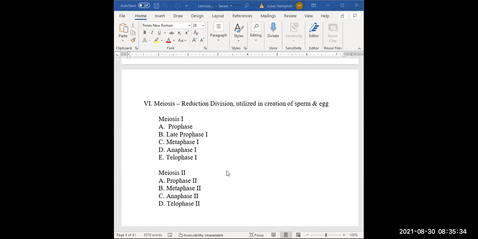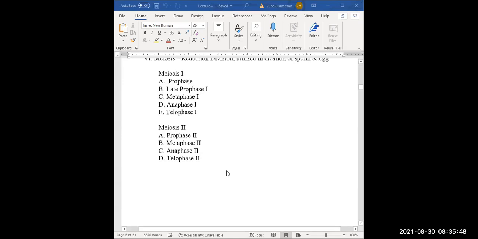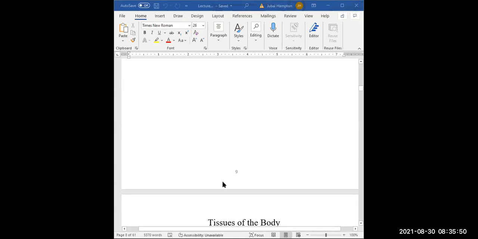Meiosis 1 and meiosis 2 for men are both completed in the production of sperm. And we will talk in depth more of this during development. But for now, that's what you need to know with regard to meiosis.